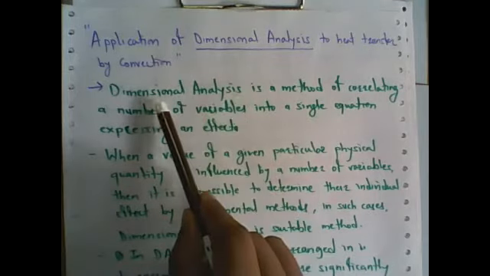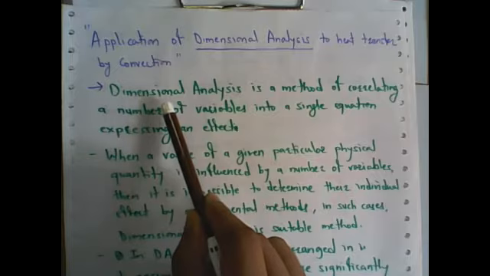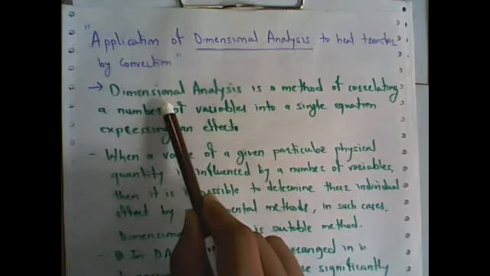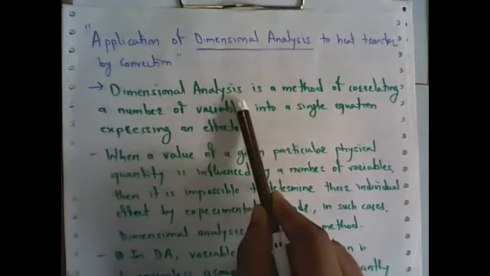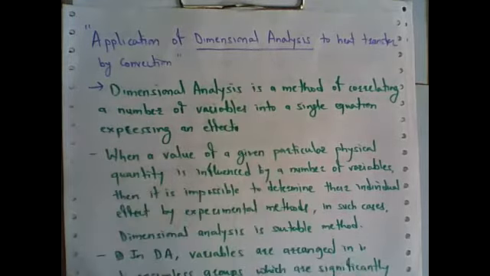Why is it called dimensional analysis? Because it involves dimensionless groups, and these dimensionless groups indirectly involve a number of parameters or dimensions in different equations. That is why it is called dimensional analysis.